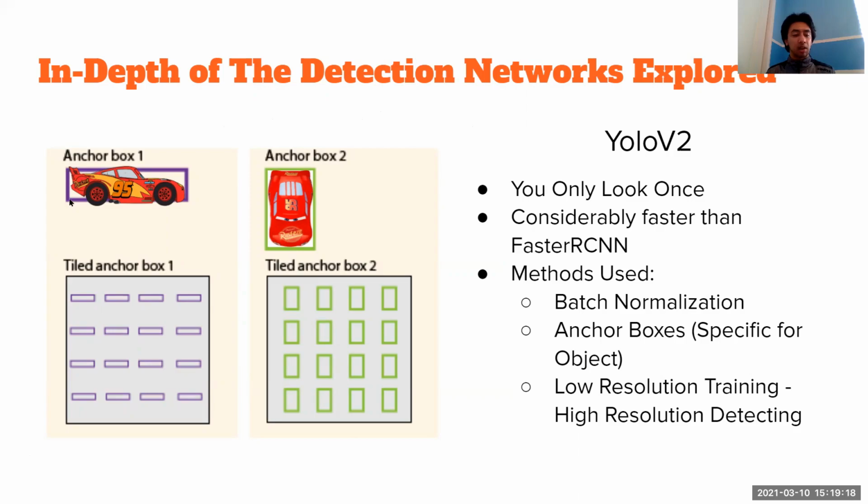For example, in a 1x5 rectangular box, it's looking for the side view of a car. From a 1x2, you can see it's looking for the top view of the car. If you're looking head on into the car, that's about a square. So a 1x1 versus a 1x3 or 1x5 anchor box to find these cars in the image.